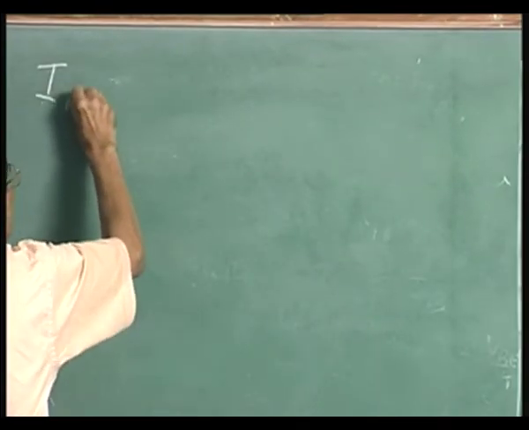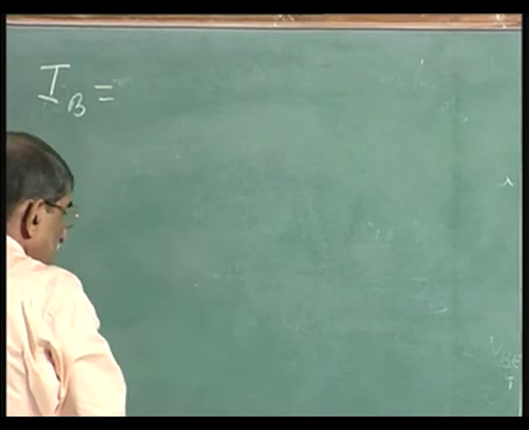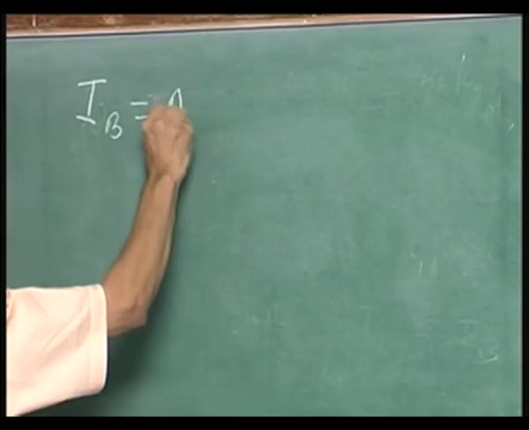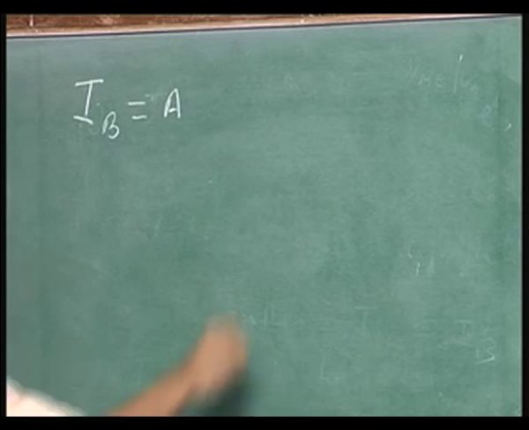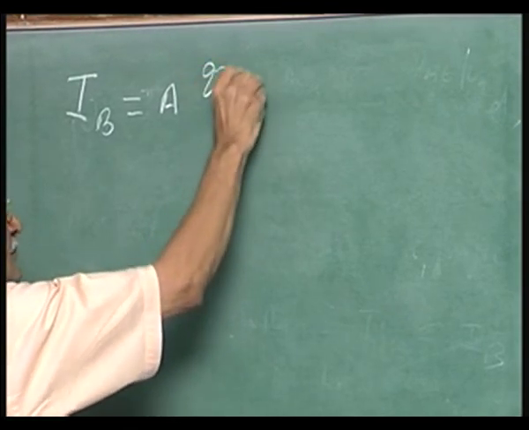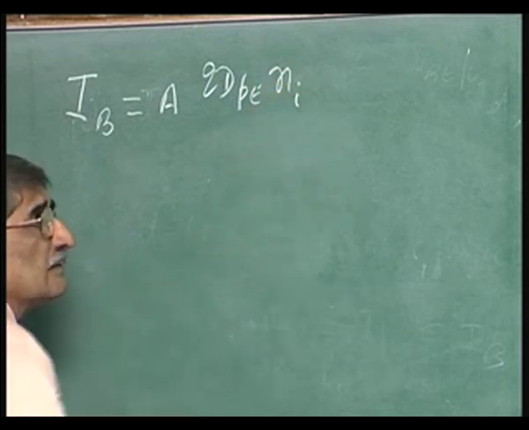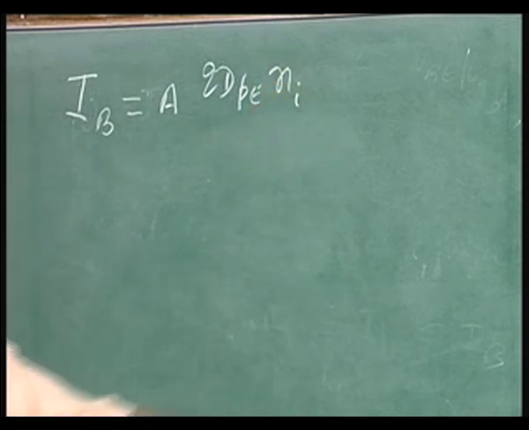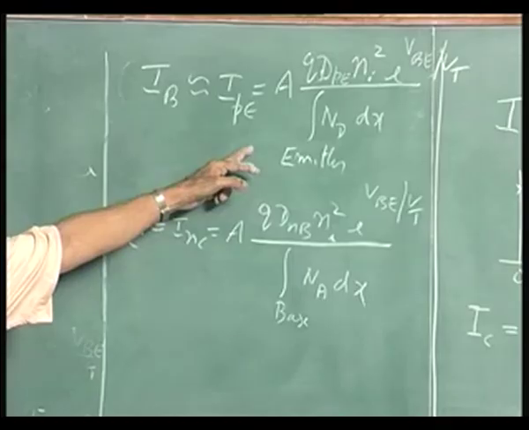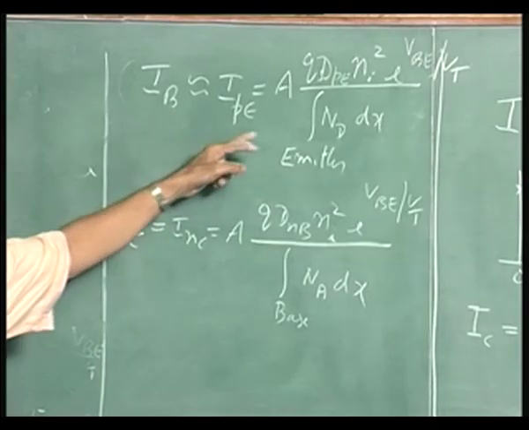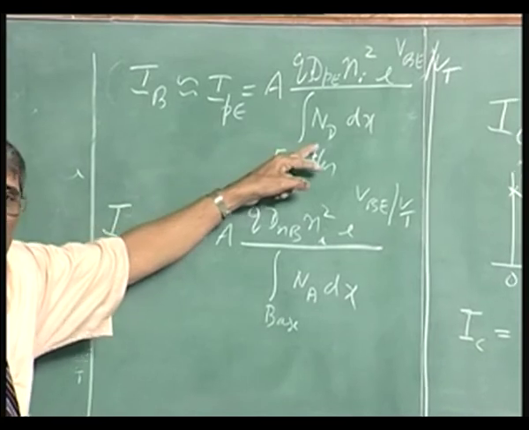IB is actually area into QDPE. I will put it as Ni. This Ni refers to the emitter, the hole current injected into the emitter. So, we are talking about doping in the emitter.